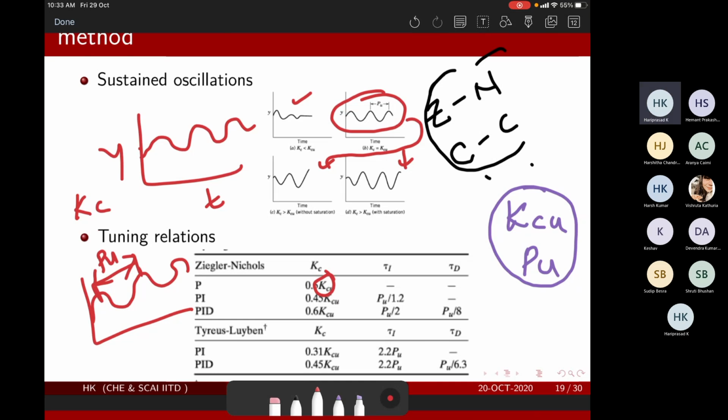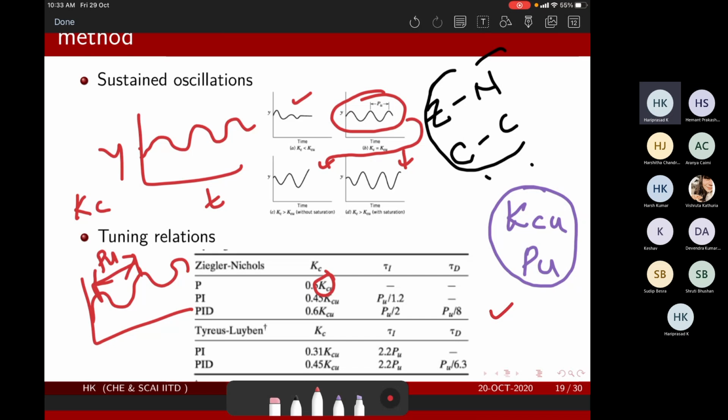And if you have your Kcu and Pu, you just use this table. How do you do it? That's why, as I told you, you need to do a field experiment. You have to go, interact with the system, switch off your integral and derivative time, then keep your Kc value at a small number and keep on increasing.